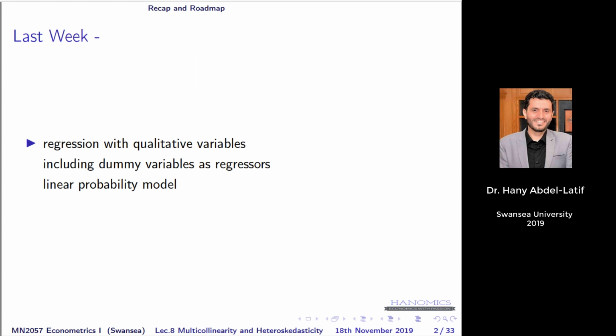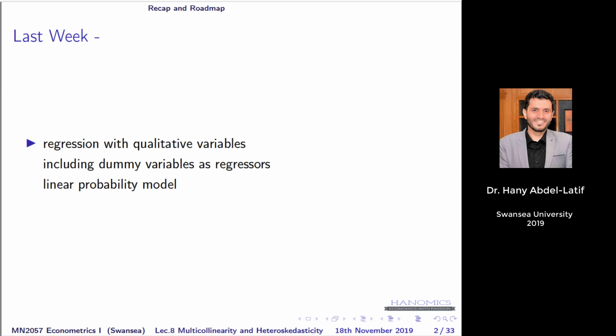And we explain how to interpret the estimated coefficient in that case, and the coefficient that is attached to this dummy would be the difference compared with the reference group. Your reference group is always going to be the group that you assign 0 to.